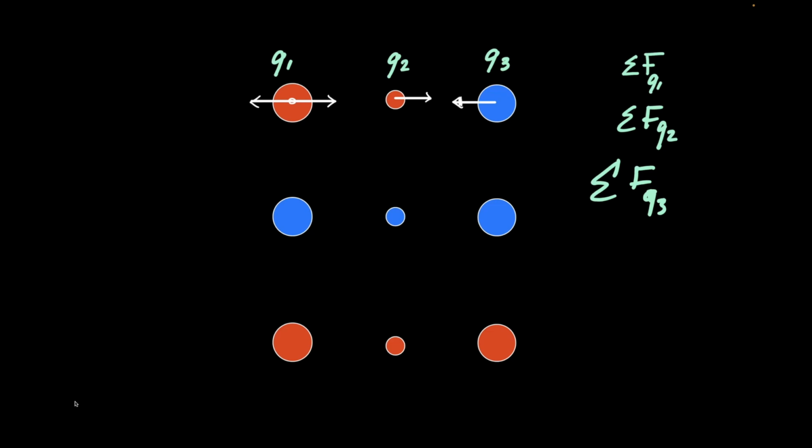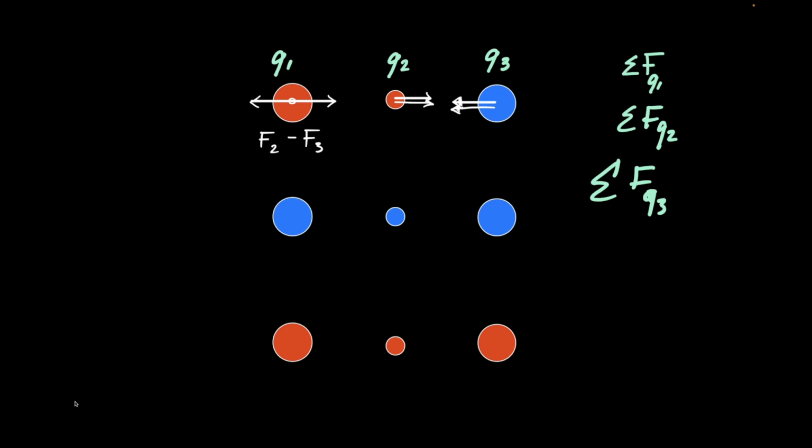And then finally, I haven't looked at Q3 and Q2. Q3 and Q2 are going to attract each other. So then you're going to go ahead and figure out your forces for each. And for this one, you're going to say force of 2 minus force of 3, or force of 3 minus force of 2, depending upon which one of them is greater.